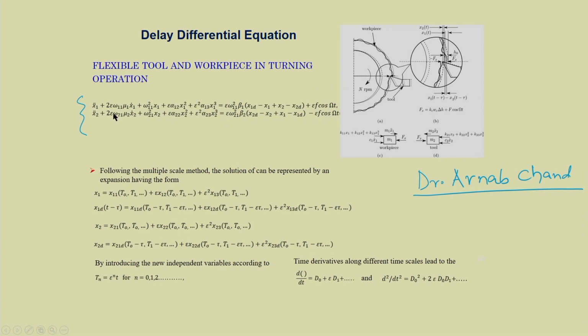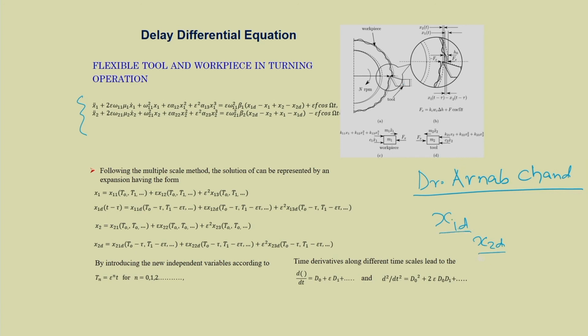We can write down the equation of motion in this form: x1 double dot plus 2 epsilon omega 11 mu 1 x1 dot, this is due to damping, plus omega 11 square x1 plus epsilon alpha 12 x1 square plus epsilon square alpha 13 x1 cube plus epsilon omega 11 square beta 1. Here you just see the terms we are using, x1d and x2d. These are the delay terms.